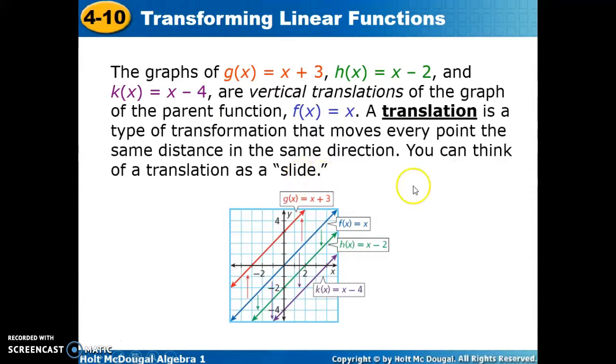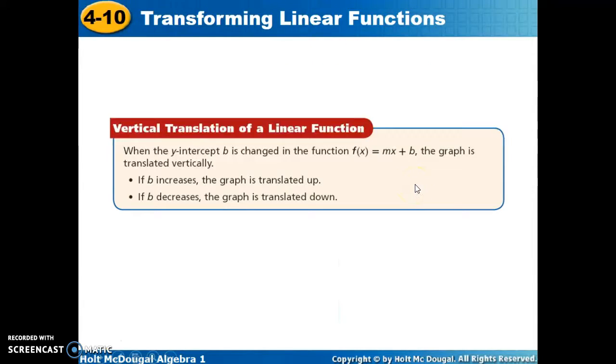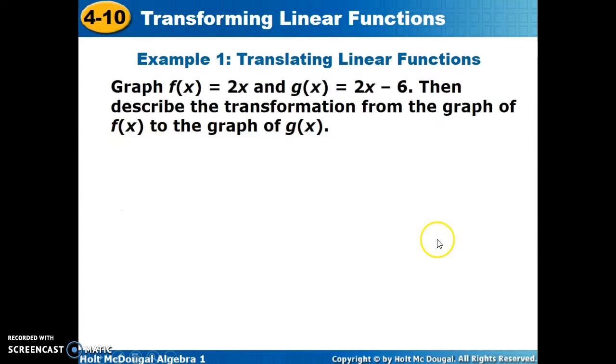We think of them as slides. Here's your official definition. If b increases, we know b to be our y-intercept, the graph translates up. If b is decreasing, if we see y equals x minus some value, it's translating down.